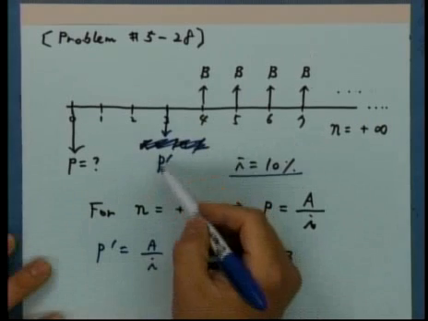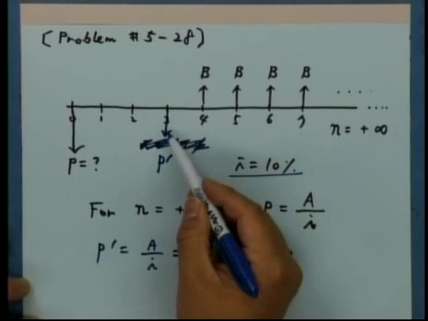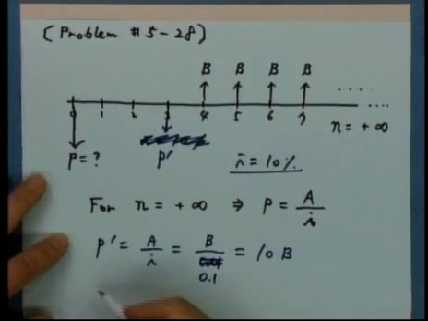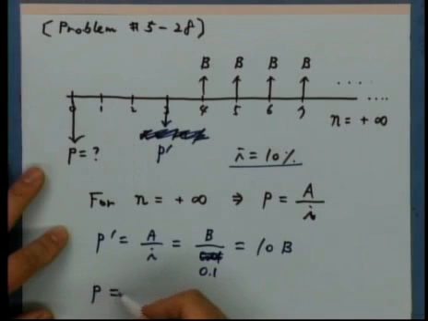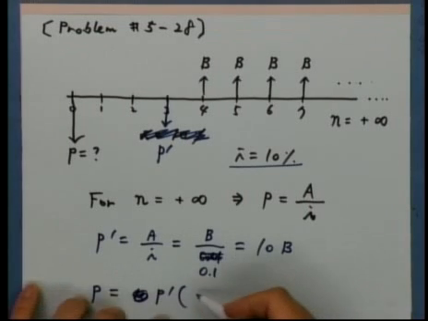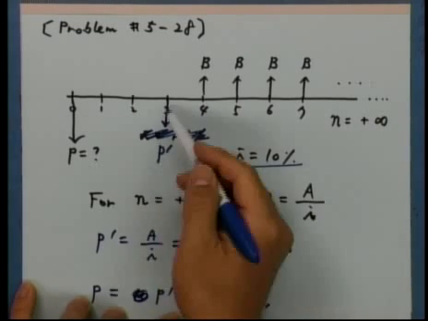And then this P prime can be converted to the equivalent present sum of P. So here we have P equals P prime times P given F, 10%, over 3 periods.